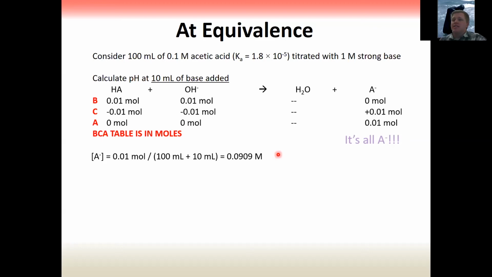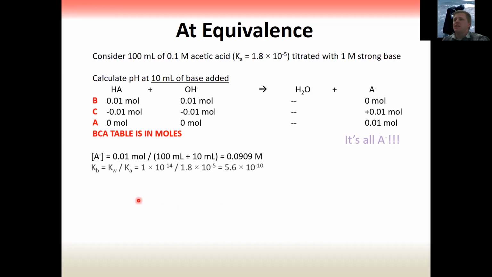All right, now we can set up our ICE table and calculate our pH, except for one last thing. Notice that we still have the Ka up here. If we try and do our ICE table with our Ka value, again, we're going to run into some weird math, and we're going to probably get some sort of negative value for our concentration.